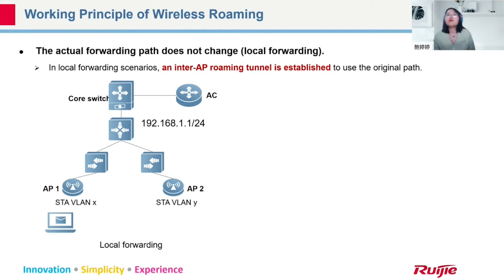In the local forwarding scenario, an inter-AP roaming tunnel is established to use the original path. So if you use local forwarding for roaming, it's very easy. In this process, if now the station uses AP1 to forward the traffic out, the traffic will be sent out through AP1 directly to the destination. This is a path.